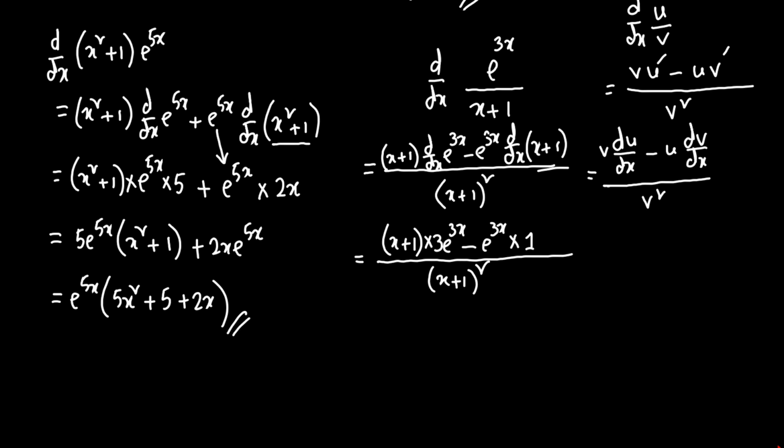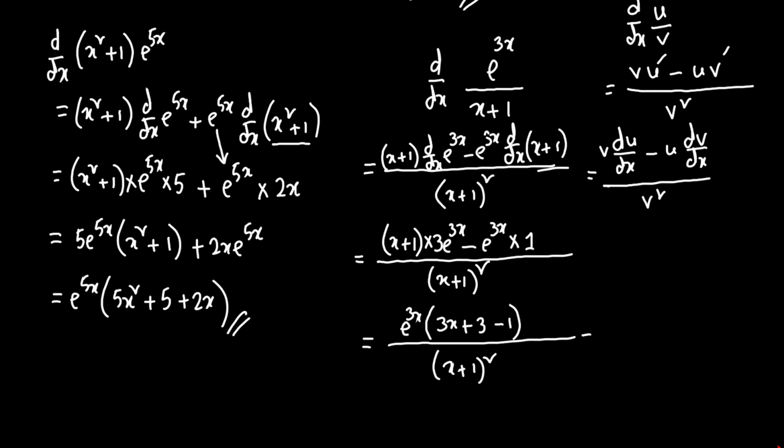So we can write in simplified form: if we take e to the power 3x common, on the top the remaining part is 3x plus 3, then minus 1, and below it is x plus 1 whole square.